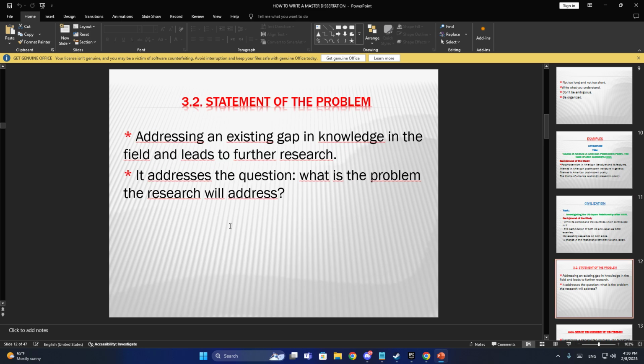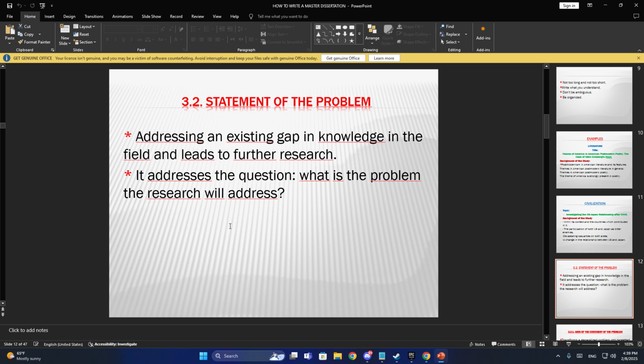After writing the background of the study, my problem starts to show off. It becomes clear. So what is the problem? Writing the background of the study requires me to read a lot before I start writing it, and while reading, the gap is going to show up for me.